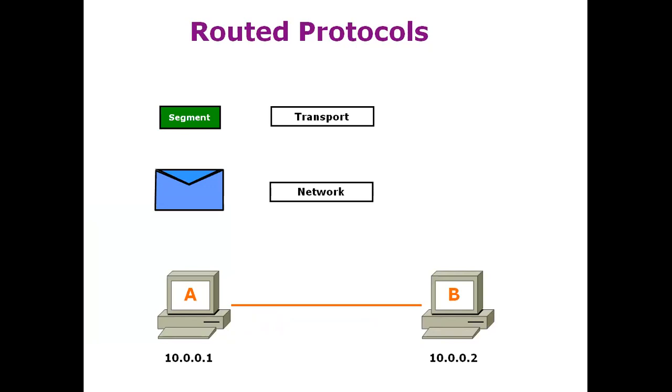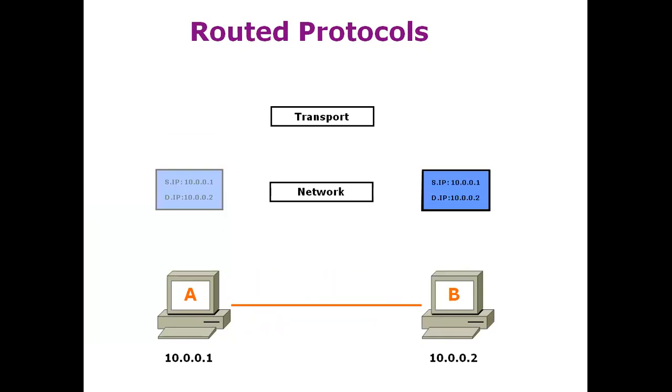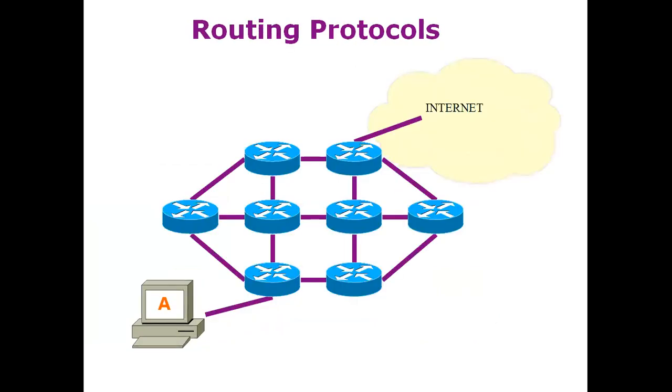After system B receives the data, system B will send the data to the internet. So this complete path is created by routing protocol. The complete path over the internet is created by routing protocol, brother.